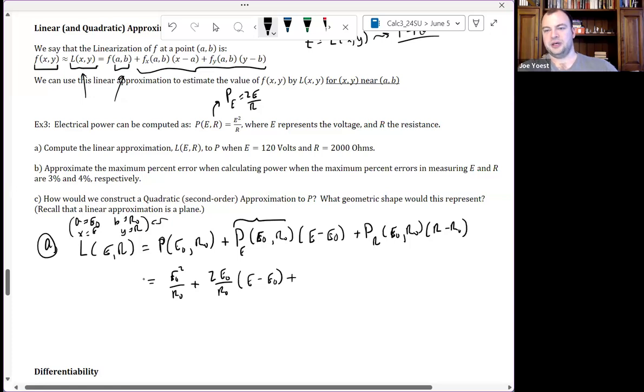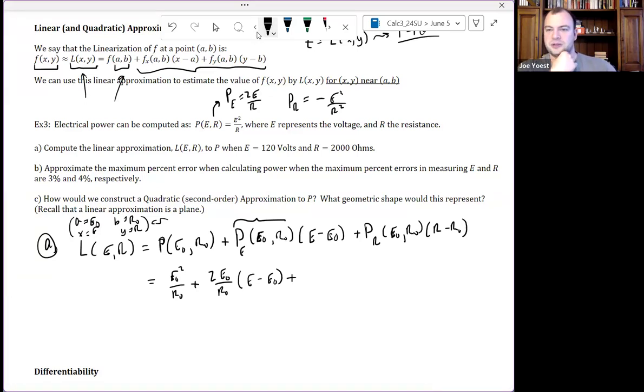And then plus, well, the partial with respect to R. P is E squared R to the minus 1. The P sub R is minus E squared R to the minus 2. So this isn't going to be a plus, it's going to be a minus.